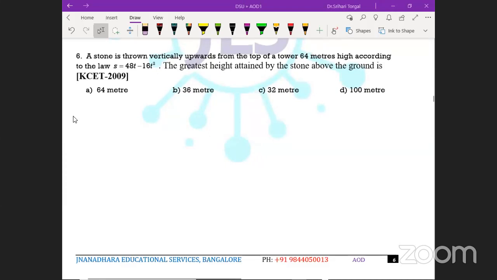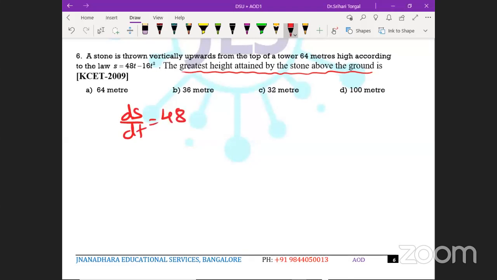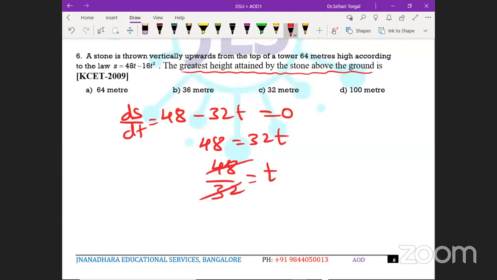Try to attend this. The greatest height. Differentiate this. ds by dt is equal to 48 minus 32t. You have to take this as 0 to know about the time. 48 is equal to 32t. 48 divided by 32 is equal to t. And 16 threes are 48, t is equal to 1.5 seconds.